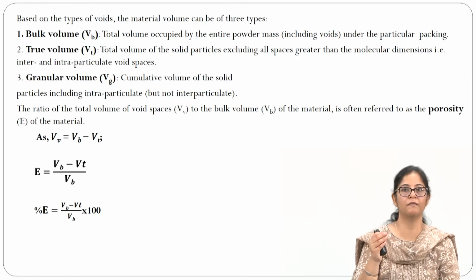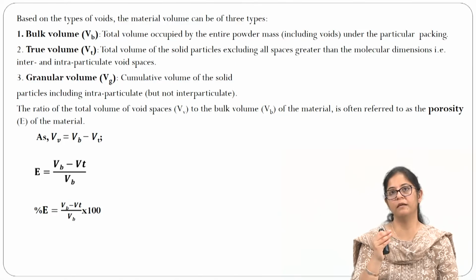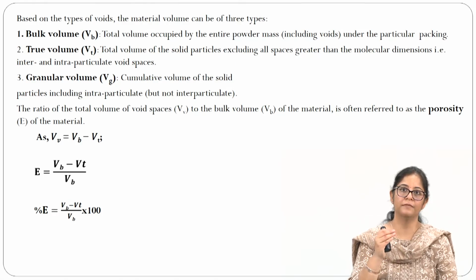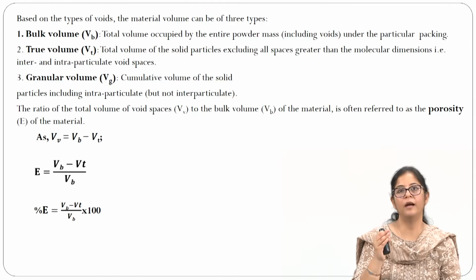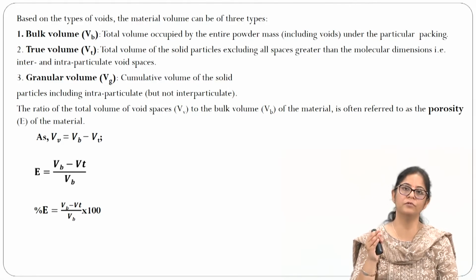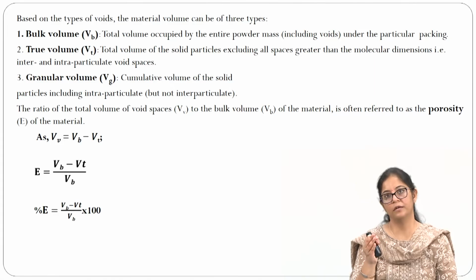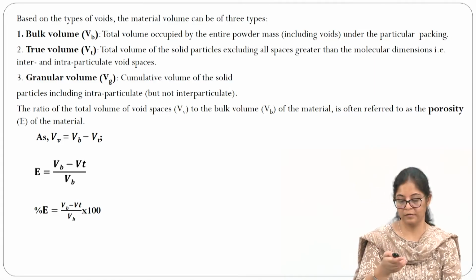Porosity is basically measured by determining the volume of the void spaces, which is calculated as the difference between the bulk volume and the true volume, and porosity is the ratio of the void space volume to the bulk volume, and percentage porosity is the ratio of the void volume upon the bulk volume into 100.